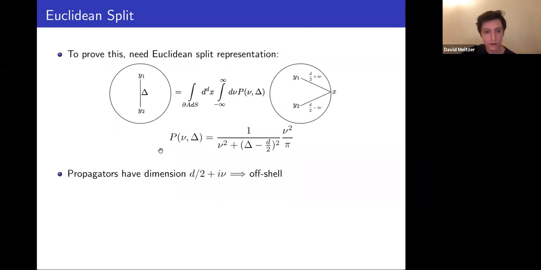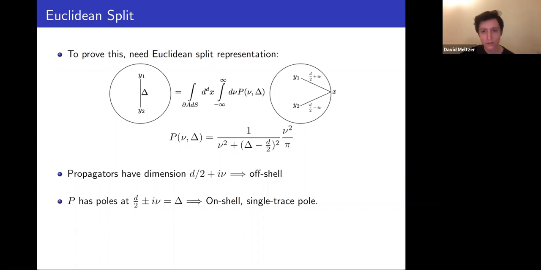And what's useful here is, first I should say these propagators have this funny dimension that corresponds to the Euclidean principal series. But since this isn't a dimension of a local operator, I'll say these lines are off-shell. But you can also note this function P has poles when d/2 plus i nu is equal to the physical dimension.